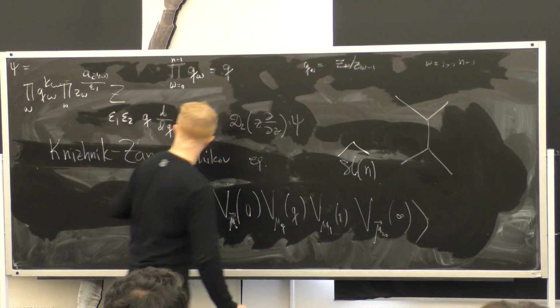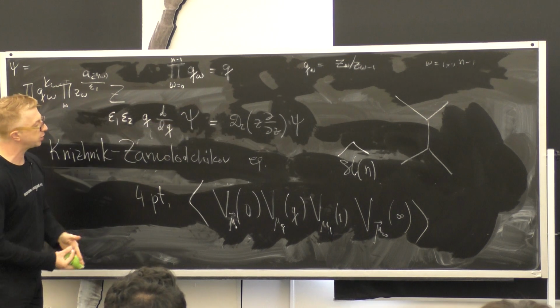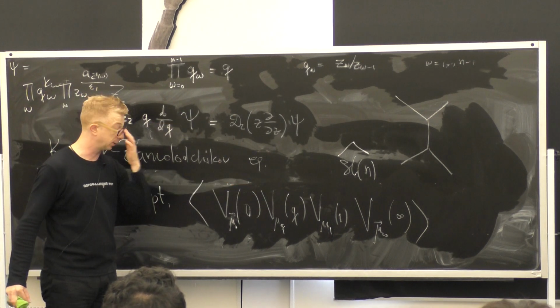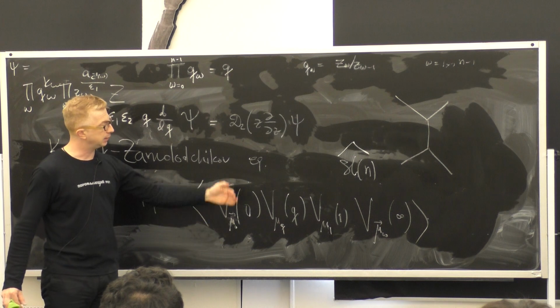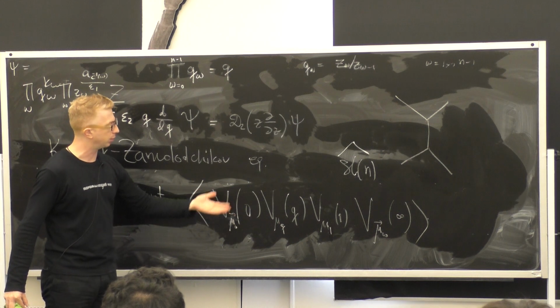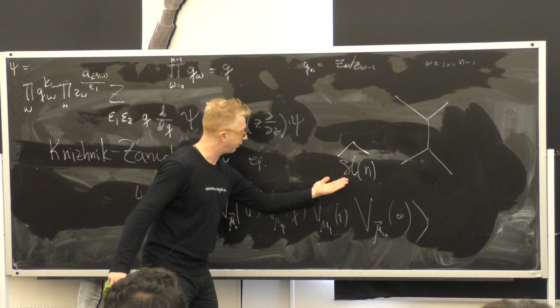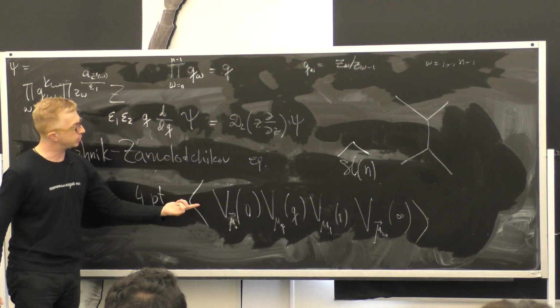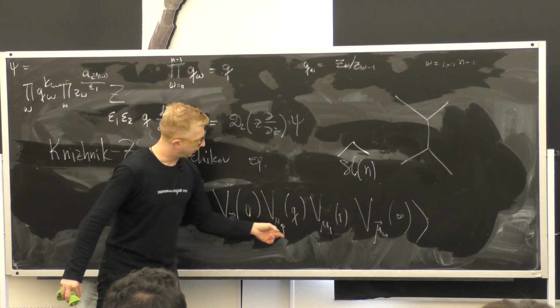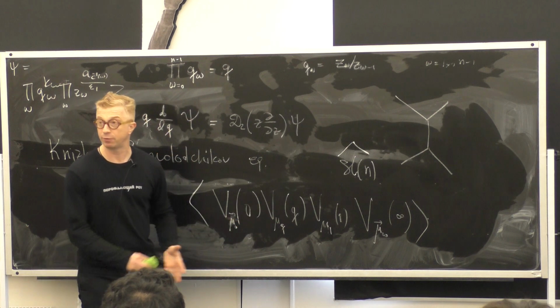So this equation is the equation which is obeyed by a 4-point conformal block in WZW theory, or a conformal block of SLN current algebra, which corresponds to a special arrangement of vertex operators.